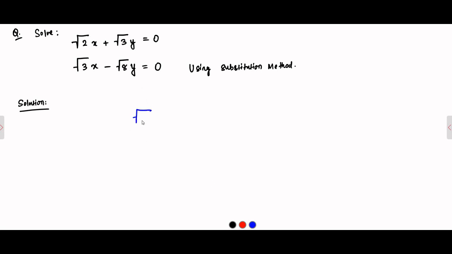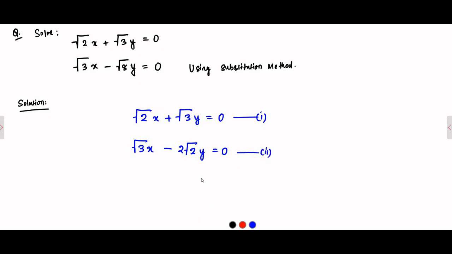Root 2x plus root 3y is equal to 0, equation 1, and root 3x minus root 8, we'll write it as 2 root 2y, is equal to 0, equation 2.